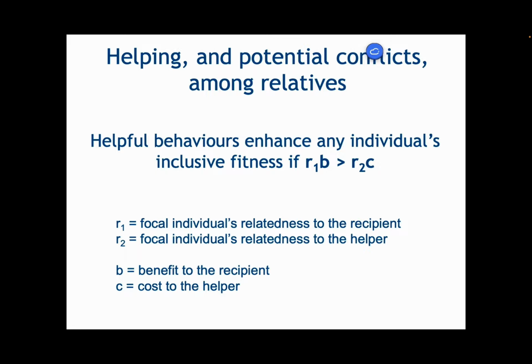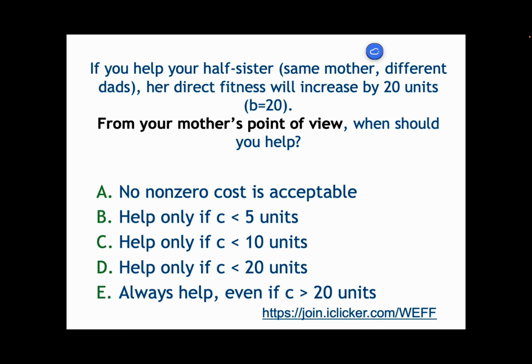So from the point of view of the helper, that R2 cancels out, and we've just got Hamilton's rule. But we can also examine the possibility of help within a family from the perspective of other individuals, not just the individual that is faced with deciding to provide the help or not.